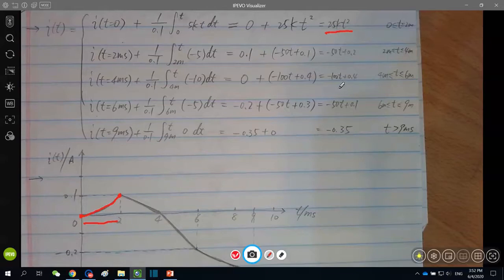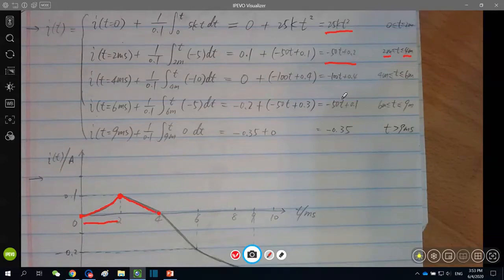Second division: a straight line with negative slope, so it's going downwards. We also pick 2 points, one at t equals 2 milliseconds, another at t equals 4 milliseconds. The beginning and ending moments determine 2 different points, with a straight line in between connecting them.